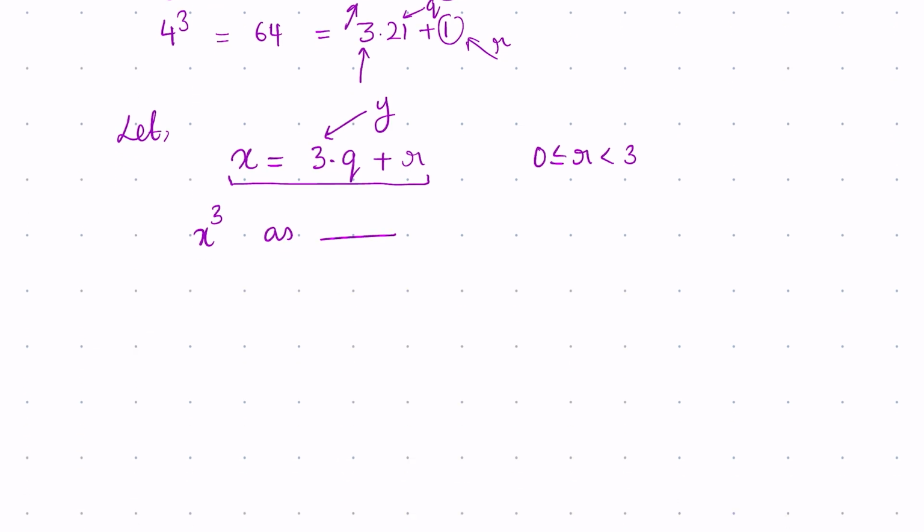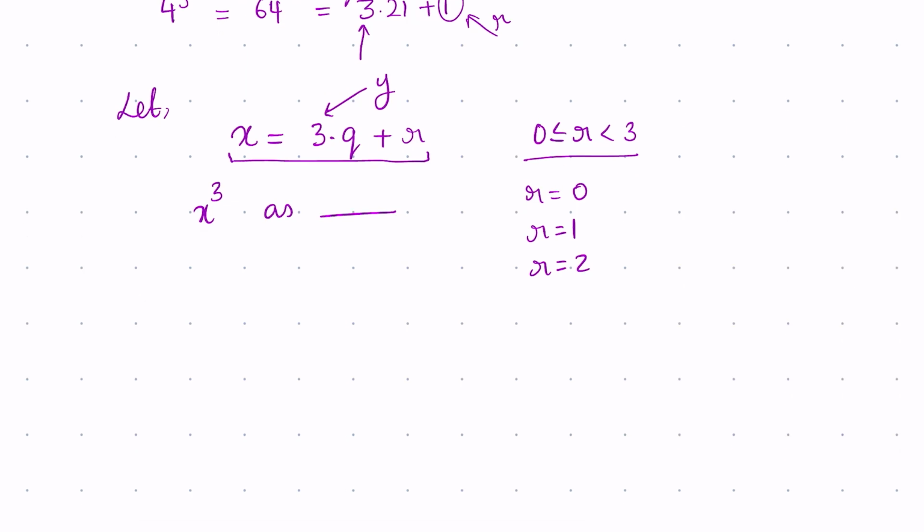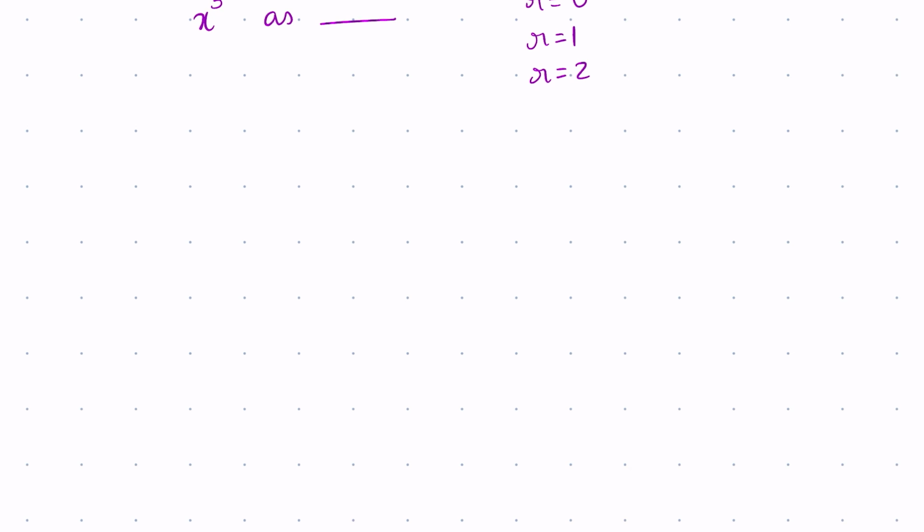So r could be 0, 1, or 2. So we got 3 cases. Let's solve them one by one.